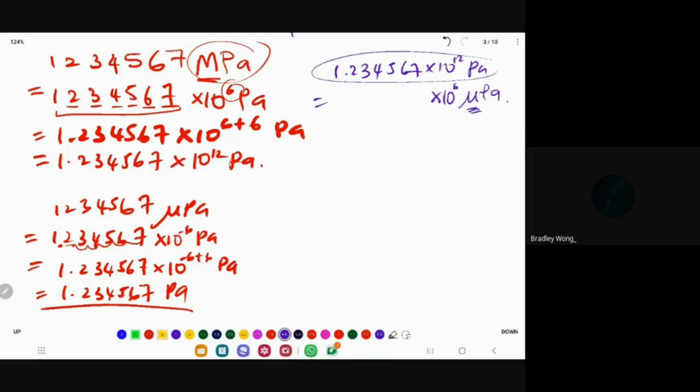I want to cancel off this thing. How? You know what I'm talking or not? So just plus 6, is it? You see, my question is to change this into micropascal. How?